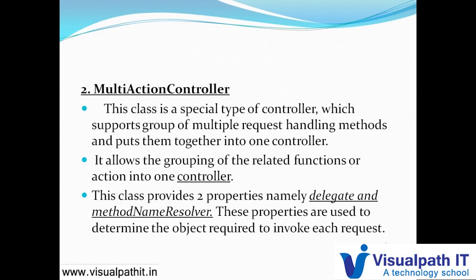It allows the group of related functions or actions into one single controller, though it performs multiple actions. The multi-action controller class provides two kinds of properties, namely delegate and method name resolver. These properties are used to determine the object required to invoke each request.